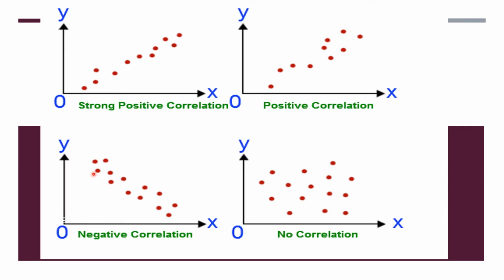And if the points lie in a narrow strip falling from left-hand top to the right-hand bottom, we say that there is a negative correlation. And if the points are all spread over, we say that there is no correlation or there is a zero correlation.